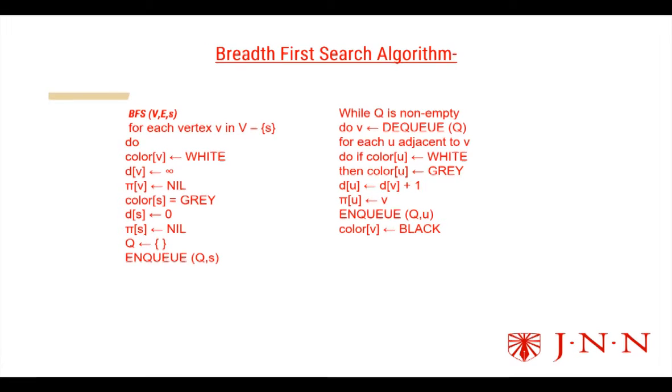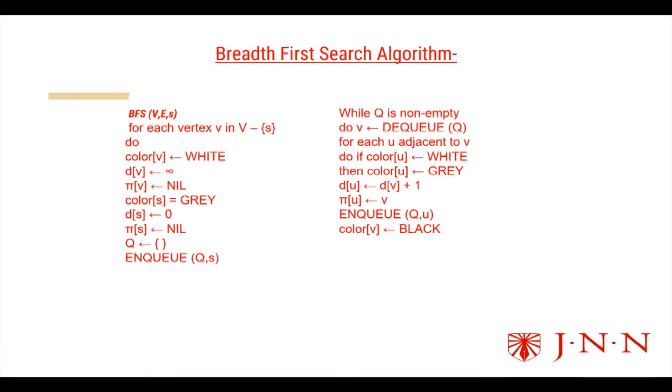Once the source vertex is identified, it has to be turned into gray color, then the distance of source is assigned as 0, and pi of source is equal to null. Then the source is enqueued, that is enqueue Q of source.